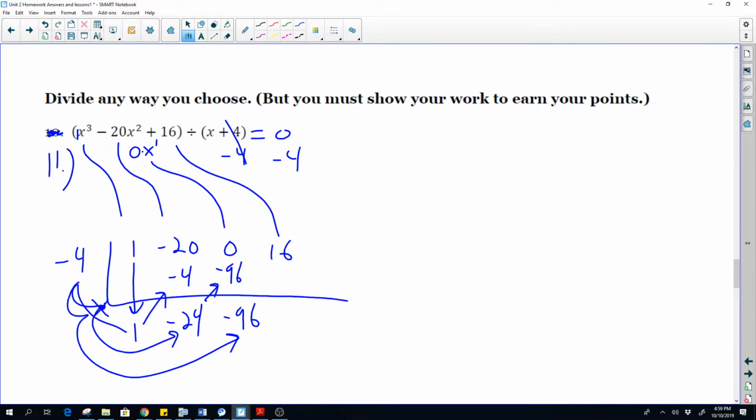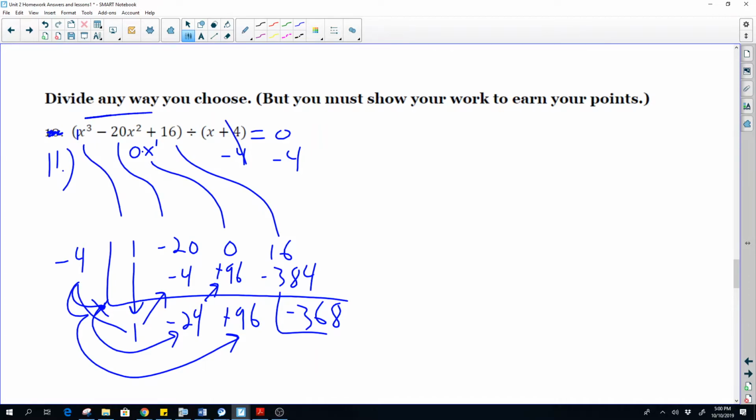Then -4 times -24 is a positive 96, because a negative times a negative is a positive. Then -4 times 96 is -384. And then with the positive 16, that's going to be -368, which is a huge, crazy remainder. Hopefully we don't have that on the quiz, but you never know. If we would have gotten 0, we would have said yes, it's a factor. But because we got a remainder, we say no, it's not a factor.